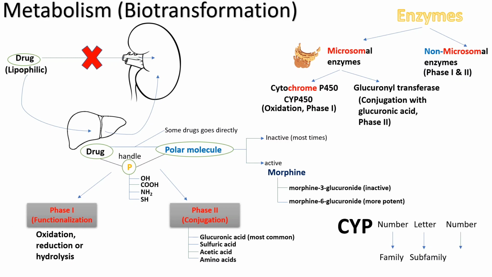Now, we finished the introduction of metabolism, and we will now discuss a very important property of the hepatic microsomal enzymes, the microsomal enzymes in the liver. Let's discuss. Our hepatic microsomal enzymes, or liver microsomal enzymes, have a property that they are inducible.